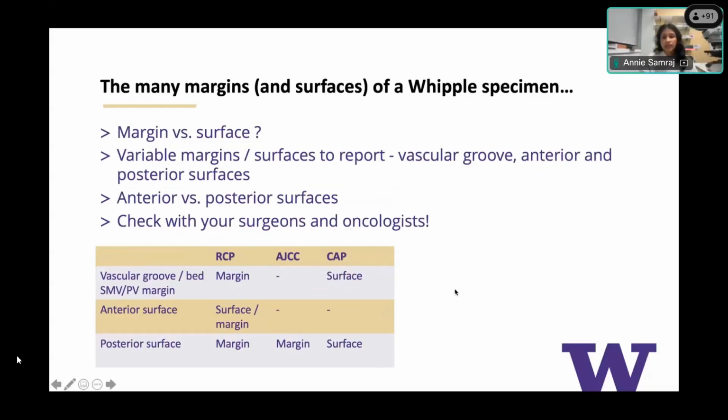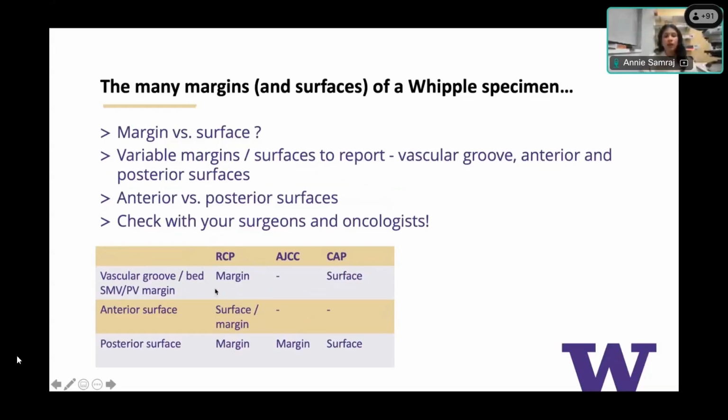Now, the other surfaces or margins that are important are the vascular groove and the anterior and posterior surface. The vascular groove is the area that abuts the superior mesenteric vessels.